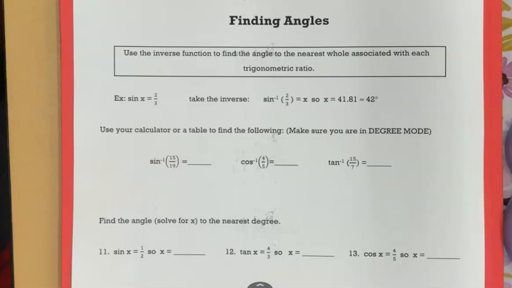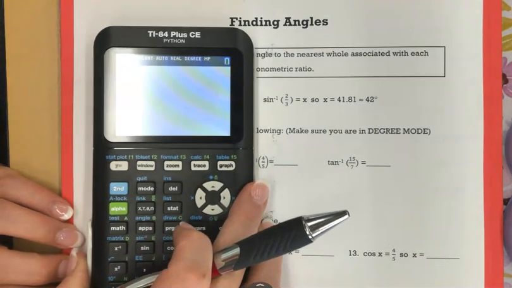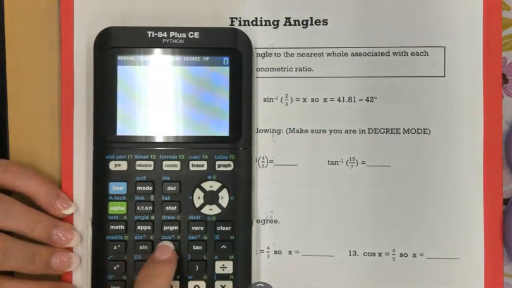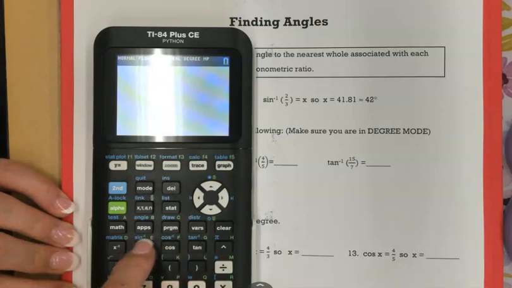So for example, if you knew that the sine of your angle was 2/3, you can use the inverse operation sine to the -1 of that ratio to get the angle measure. And then we'll just kind of round to the nearest whole degree. So your inverse trig functions are right above your regular trig functions, and they're in blue, or they might be another color on your calculator.